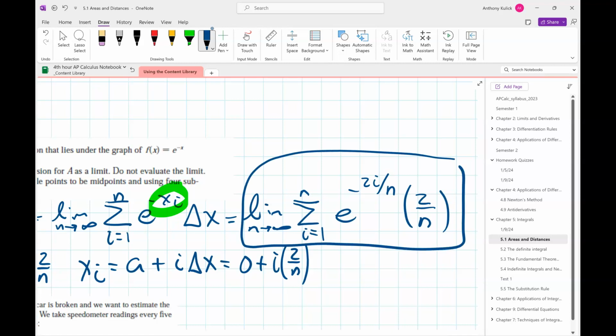So there's my area expressed as a limit. Is everybody okay with how I filled that in? Basically just use my formulas, right?